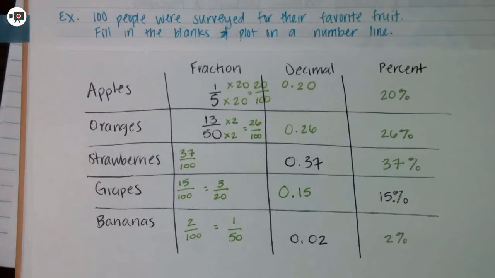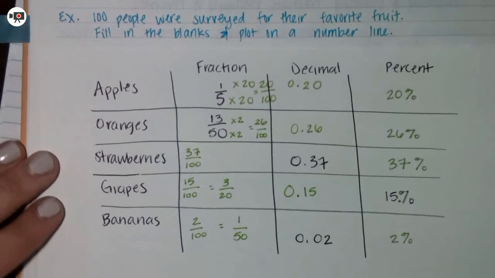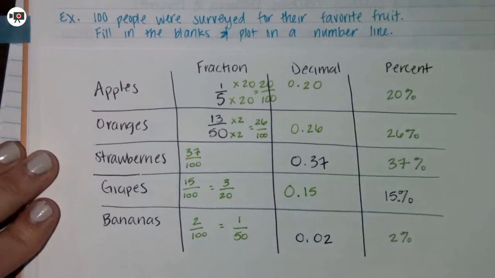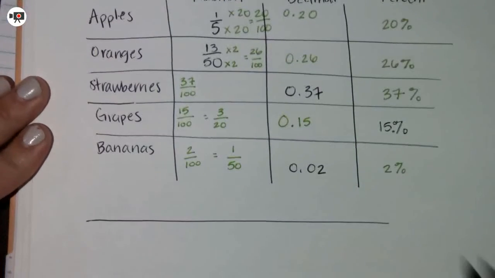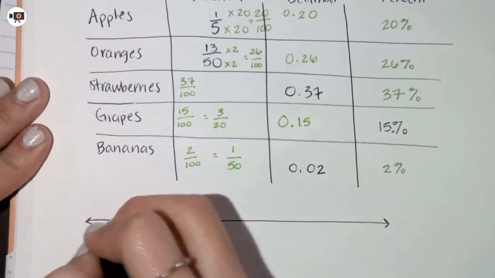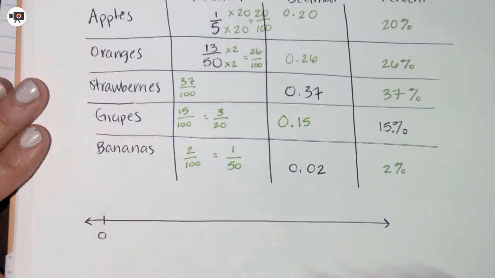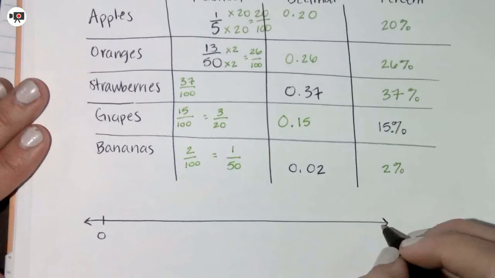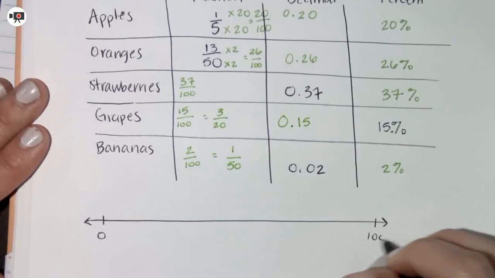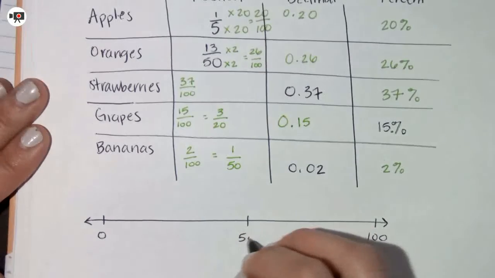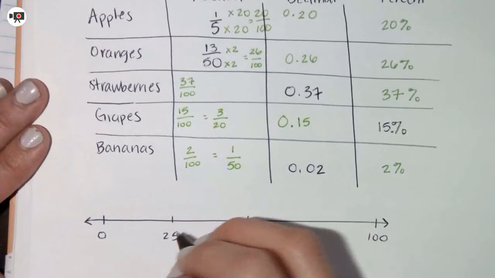Now I have to plot it on a number line. So if I make a number line here, I could put 0, and I could put 100. In the middle I have 50. Here would be 25.